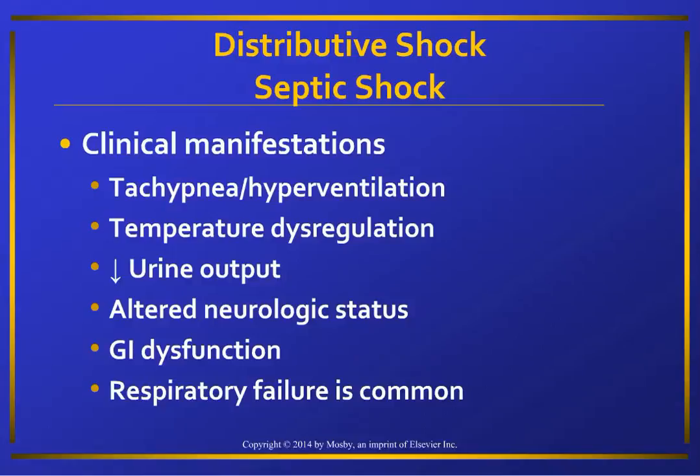Respiratory failure will develop in 85% of patients with sepsis, and 40% will develop acute respiratory distress syndrome, or ARDS. These patients will need to be intubated and mechanically ventilated. Tables 67.2 and 4 describe the clinical presentation of a patient with septic shock.